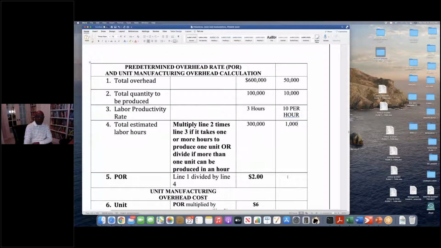So our POR is going to be what? Is it 5,000? No, it's 50,000 divided by 1,000, so it's 50.